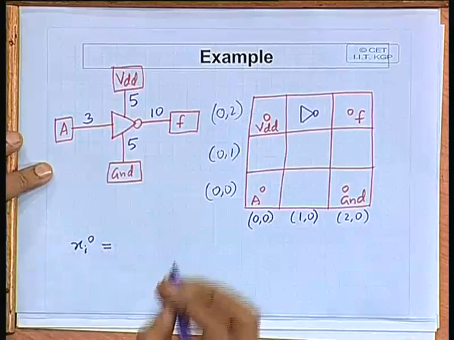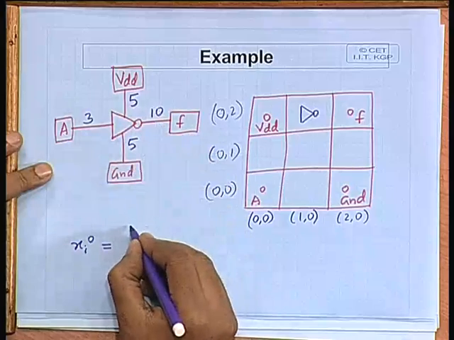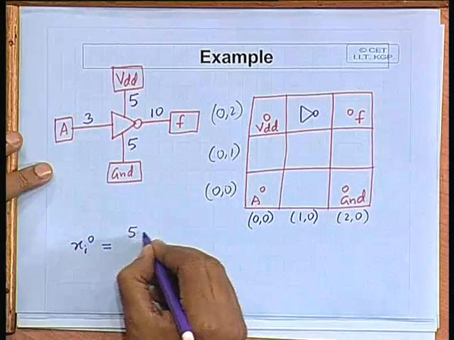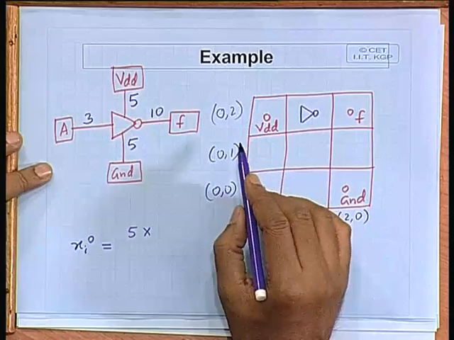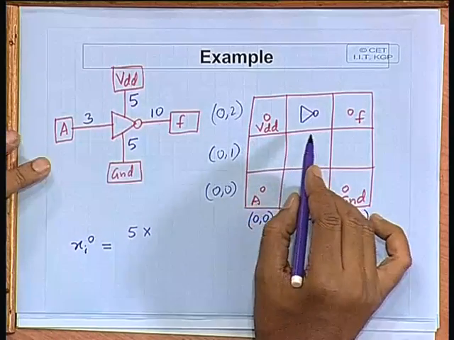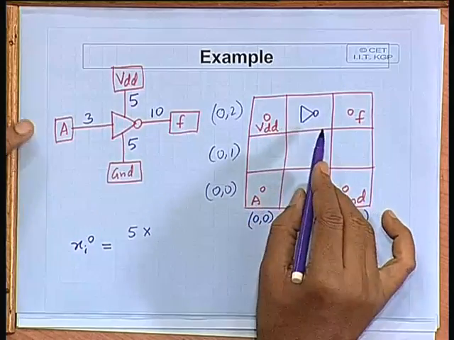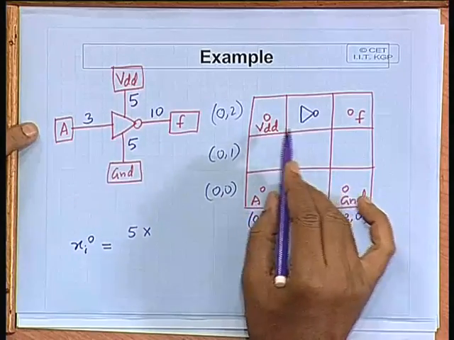So, in terms of the x coordinate, the weight of VDD multiplied by the difference in the x coordinate. How much is the x coordinate difference?